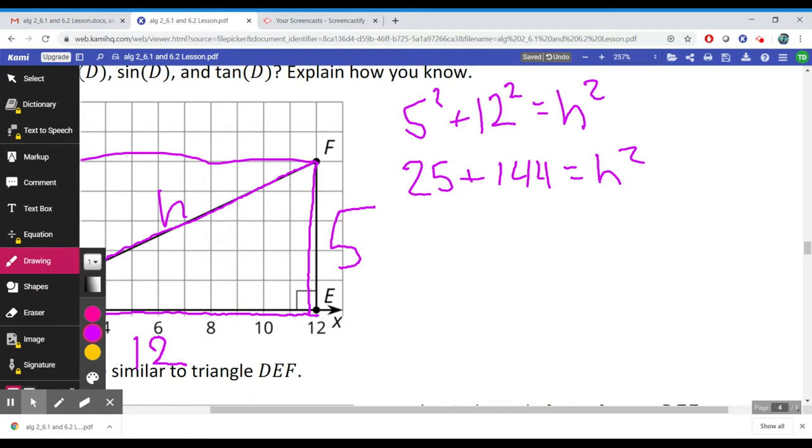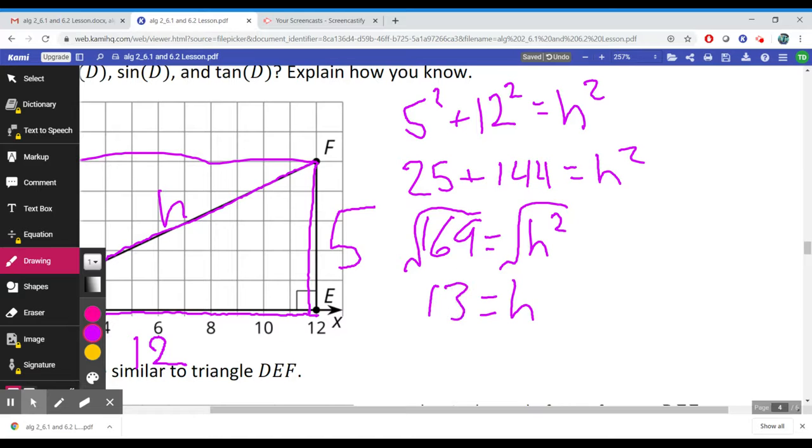And then when we add 25 and 144 together, we get 169. So to undo this squared on the right-hand side, again, we will take a square root, the inverse operation of squared. So the square root of h squared is just going to be equal to h. We don't have to include the plus or minus because we're dealing with distance. And the square root of 169 is 13.